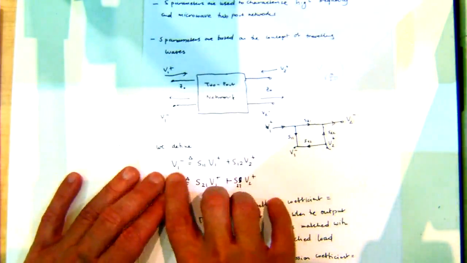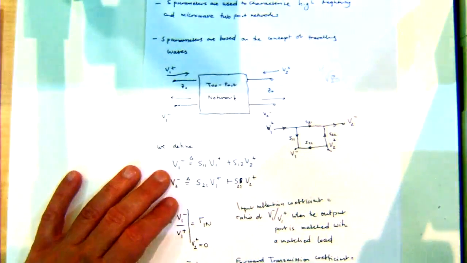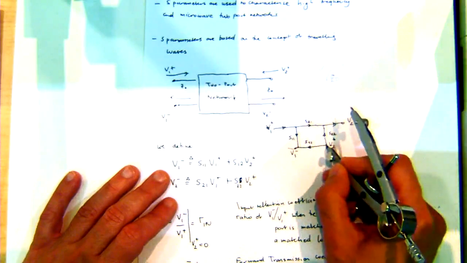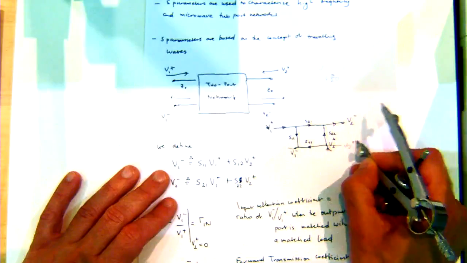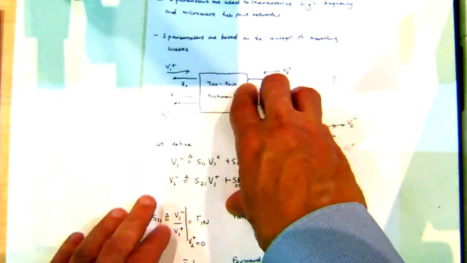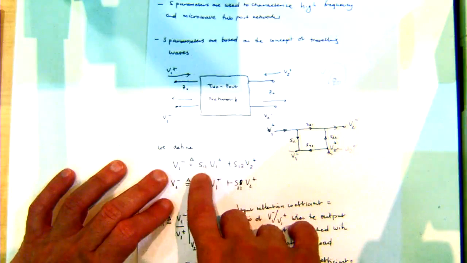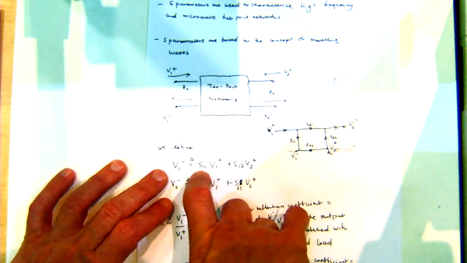I've drawn this little network, so you've got this imaginary network in there, and essentially what I'm saying is there's a relationship between the incident voltage waves and the reflected voltage waves. The relationship is given by these parameters called scattering parameters, S parameters, right?